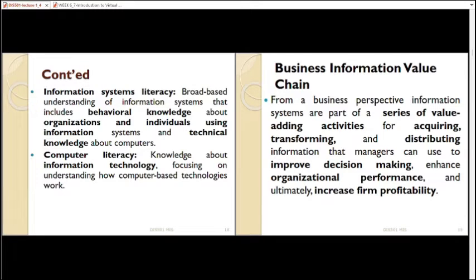So from a business perspective, IS are part of a series of value adding activities. And that's basically why we use them, because we can run our organizations without the use of computer systems, but we would be able to achieve our goals at a much slower pace. Now, we want to be in a position where we can achieve our goals much faster.